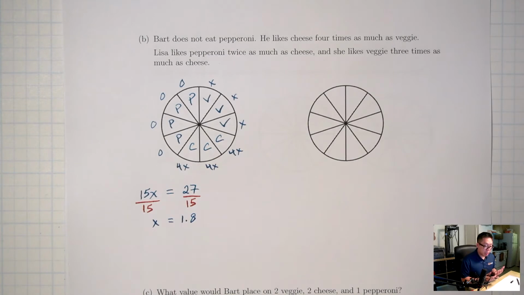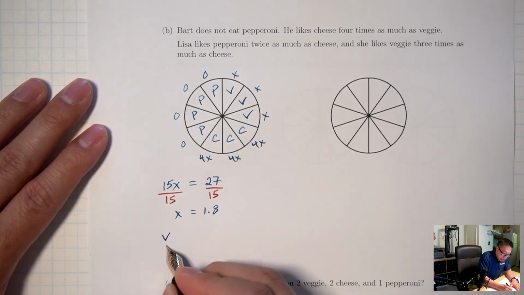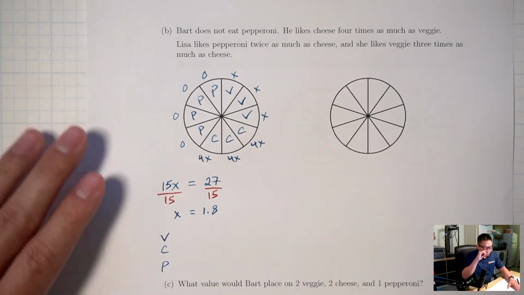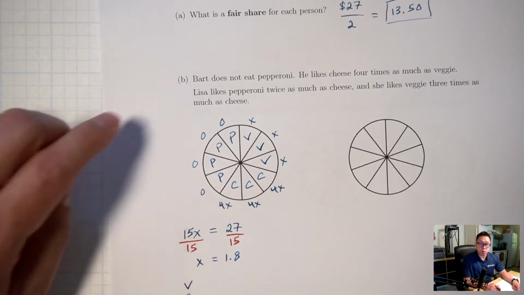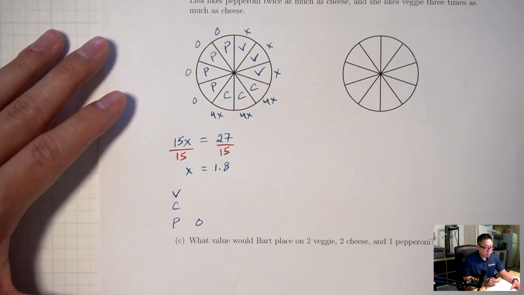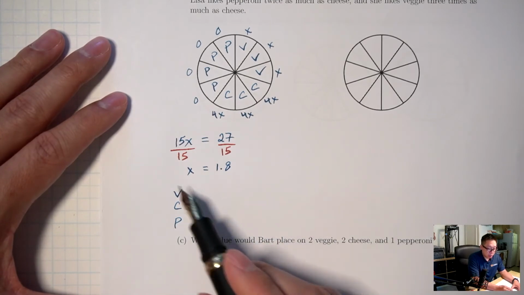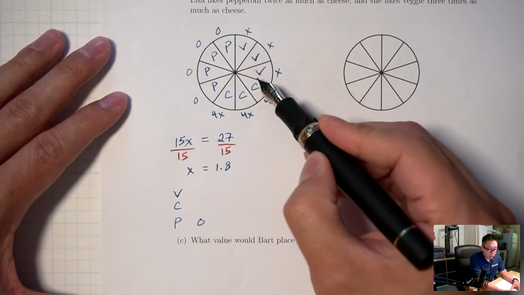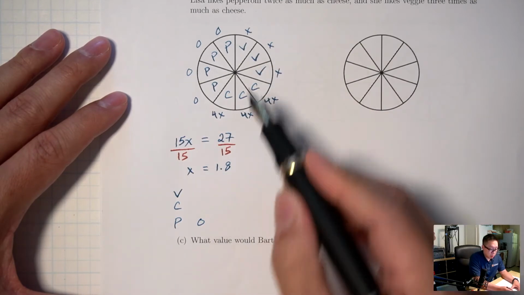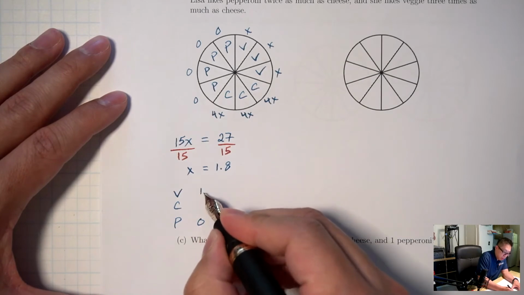And now you can write down what each slice is worth to Bart. So there are veggie slices, there are cheese slices, and there are pepperoni slices. Now, we know that the pepperoni slices are worth 0, so let me put 0 for pepperoni. The 1.8 is x. In our picture, x was the veggies. So the veggies are worth 1.8.